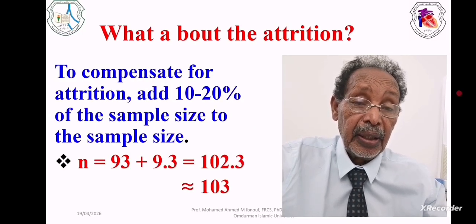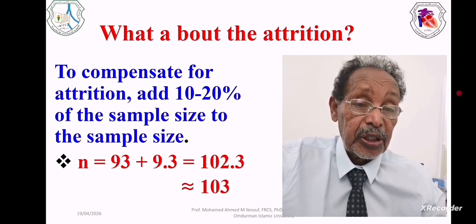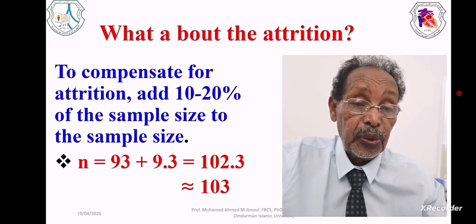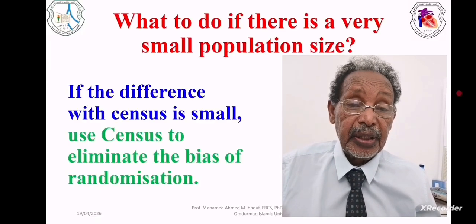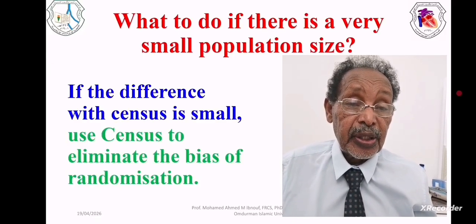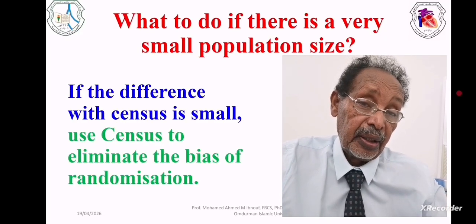And when we add the 10%, it will become 103. And we said the difference is minimum, so we continue with the whole sample. And we said if the difference with the census is small, we use census to eliminate the bias of randomization.